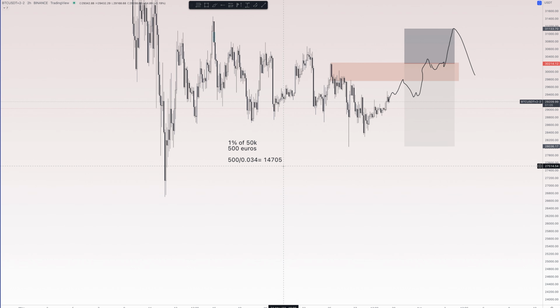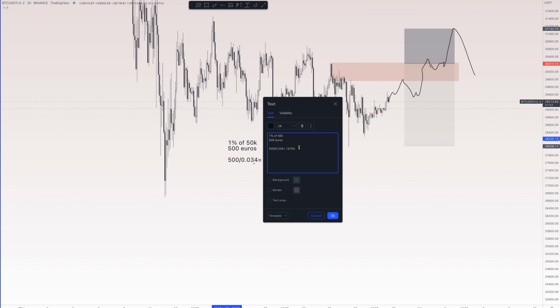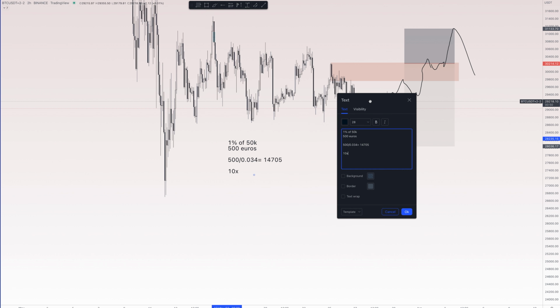Now, if you are using leverage, then the calculation is almost the same, only if you want to take, for example, 10x leverage. What you're going to do then is take our position size of 14,705 euros divided by 10, because that's the leverage we want to use, which is equal to 1,470.5.